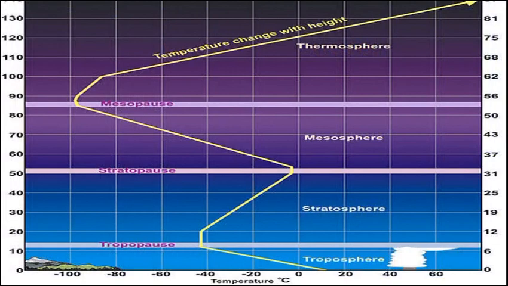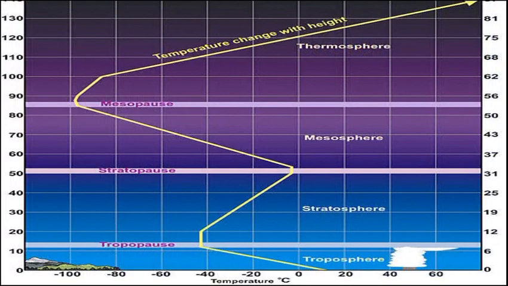It becomes the base for the temperature of the next layer. Temperature rises from approximately minus 50 degrees Celsius at the base of the stratosphere to 0 degrees Celsius at the stratopause. We can see the line coming towards 0, and there in the stratopause it reaches 0.